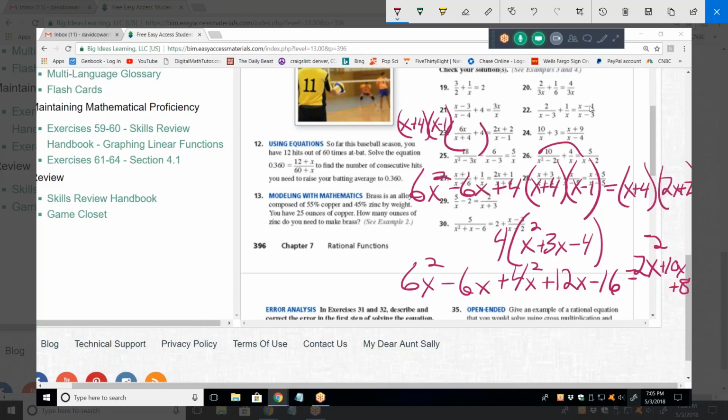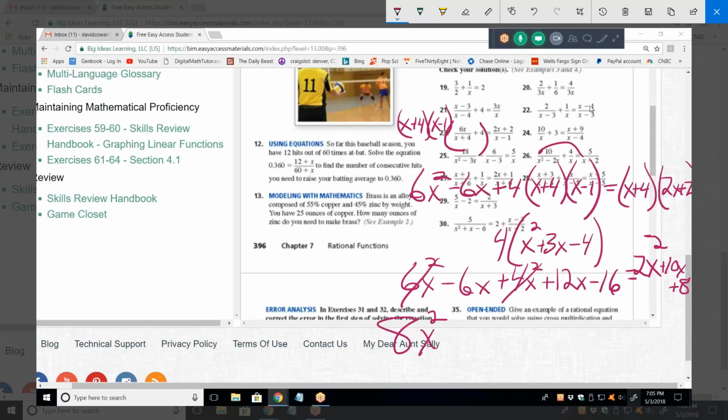Right. Now, which side am I going to gather everything on? The left. And I've got a total of 10x squared over there minus a 2x squared. So I'm going to end up with 8x squared.